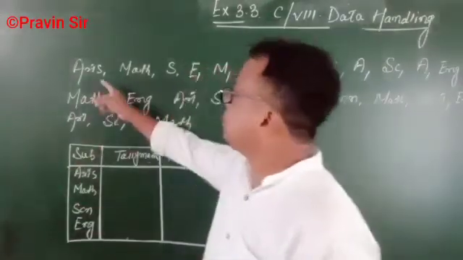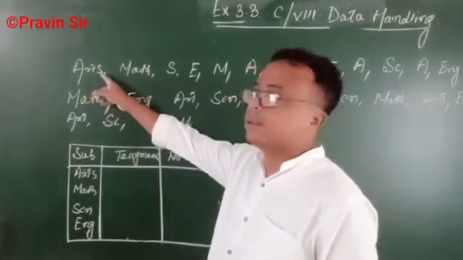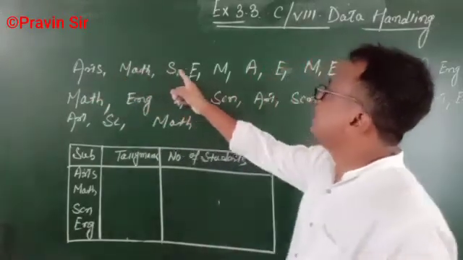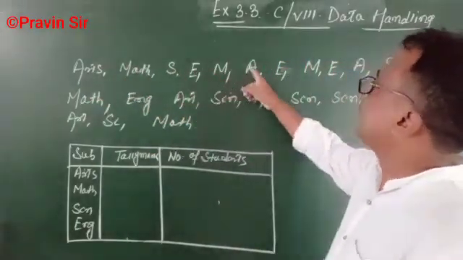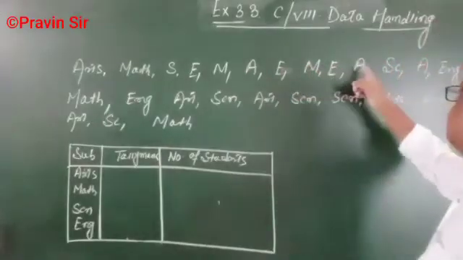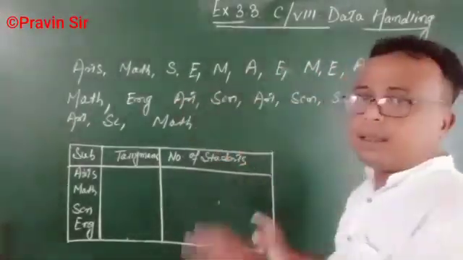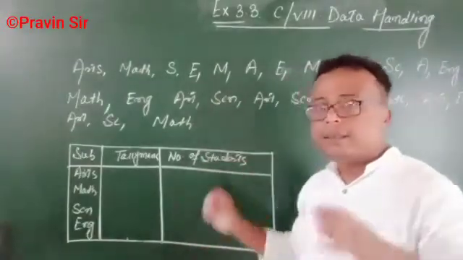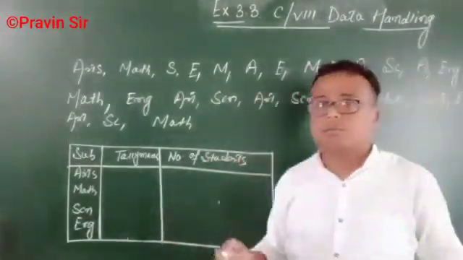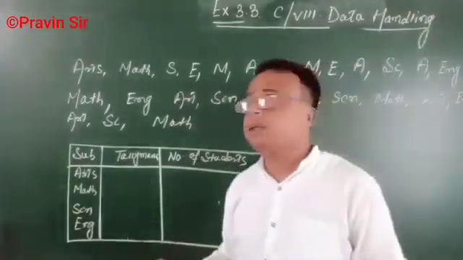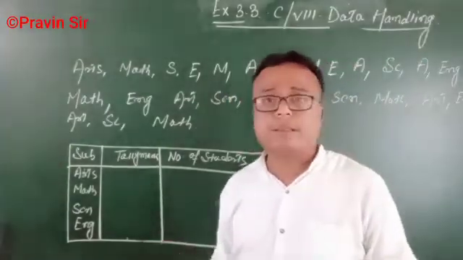Our students told their favorite subjects: arts, then maths, science, English, maths, arts, English, maths, English, arts, science, arts, English, maths, English, arts, like this. This is some raw data I have collected regarding their favorite subject.